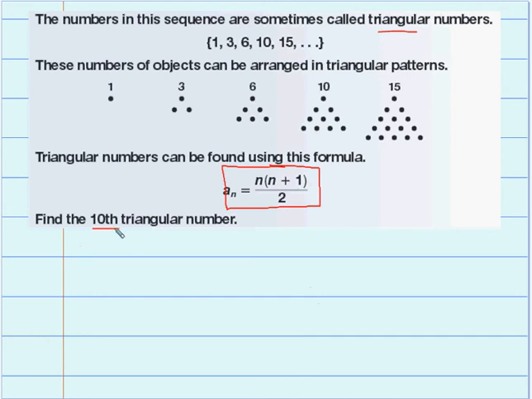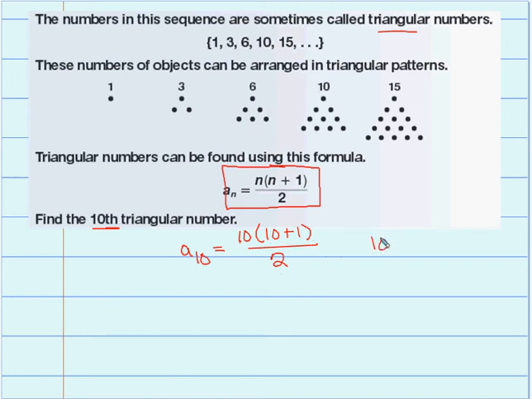And if we want to find the 10th triangular number, remember that's the term number, so that's n, we would substitute 10 for n and then evaluate. Now remember your order of operations, we have to simplify the parentheses first.